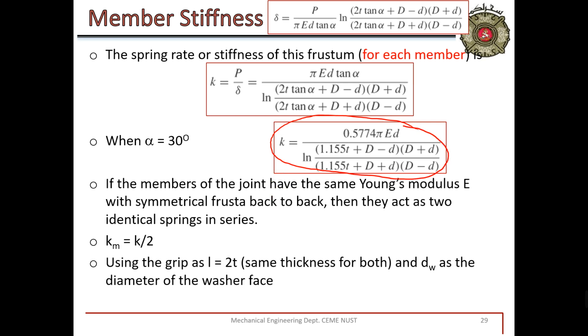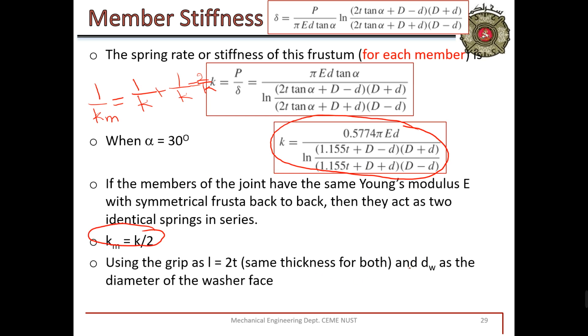Frustum 1 and frustum 2 both will have the same value of K. So 1 by K1 plus 1 by K2 will give you 1 by K plus 1 by K, which will be equal, at the end, to 2 divided by K. So the final equation will be like this: 1 by Km is equal to 1 by K plus 1 by K. At the end, this will be equal to 2 divided by K, and solving this equation will give you Km equal to K by 2.